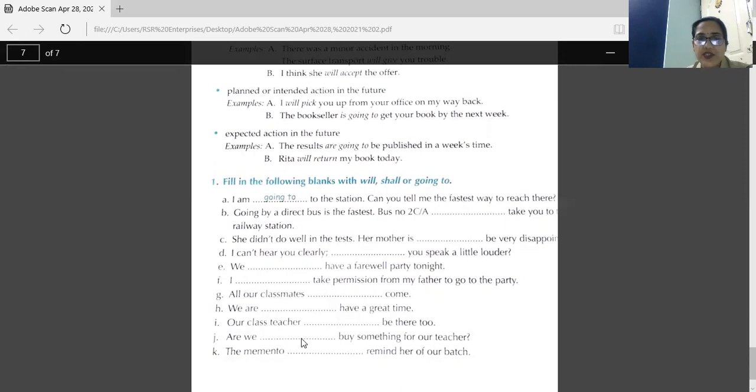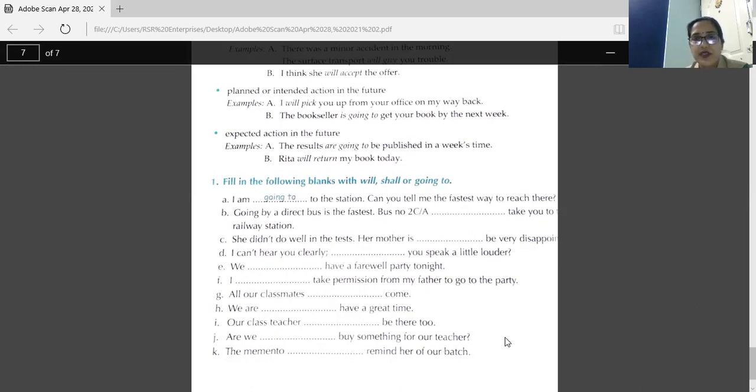Are we dash buy something for our teacher? So here you'll have to write, are we going to buy something for our teacher? Last sentence. The memento dash remind her of our batch. So your answer is, the memento will remind her of our batch.